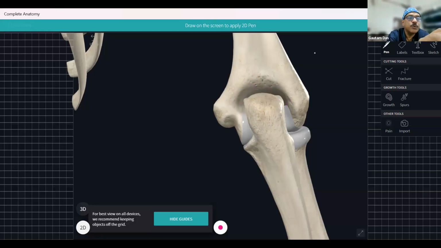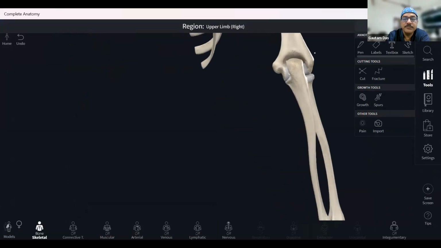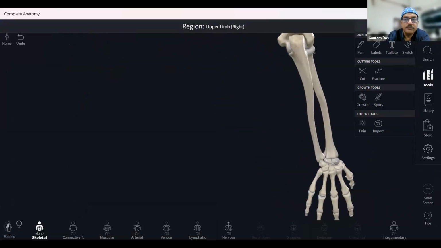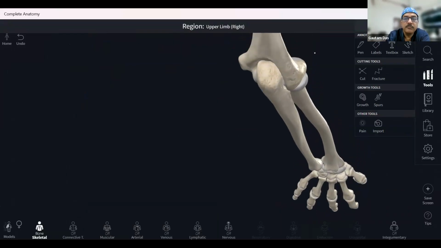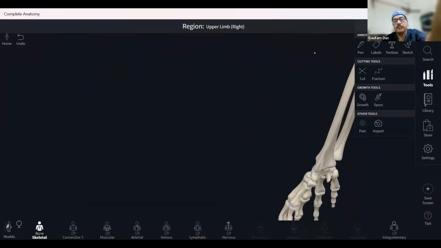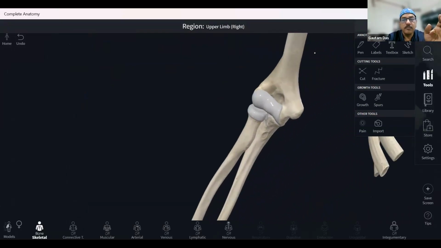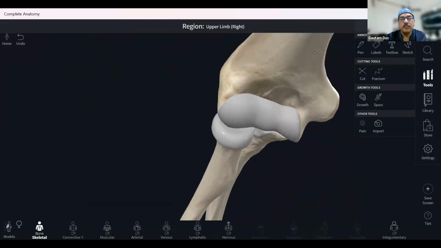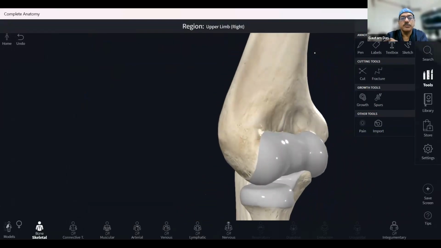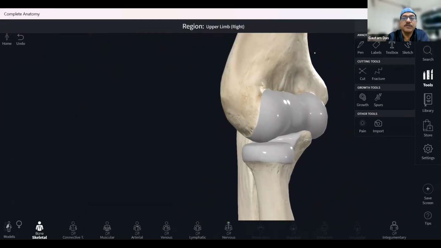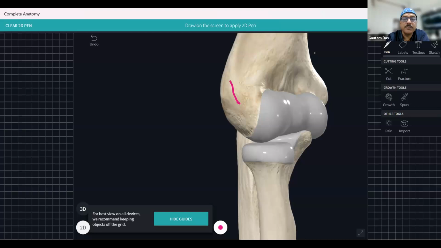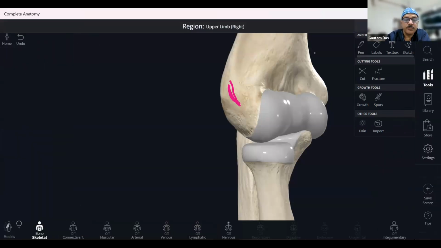So this is your posterior side. And if you go to the lateral side, this is the lateral epicondyle, and there are certain ligaments there, and I'll be showing you the ligaments now.